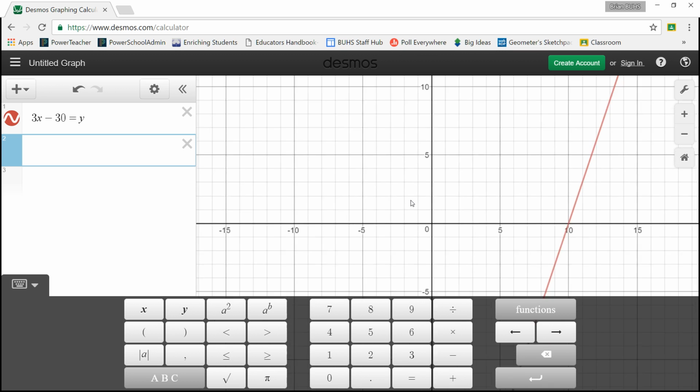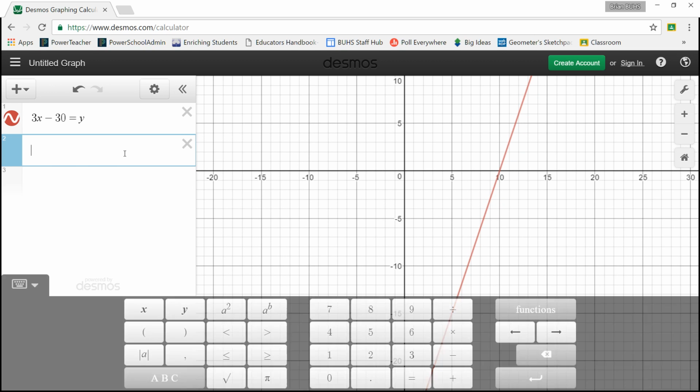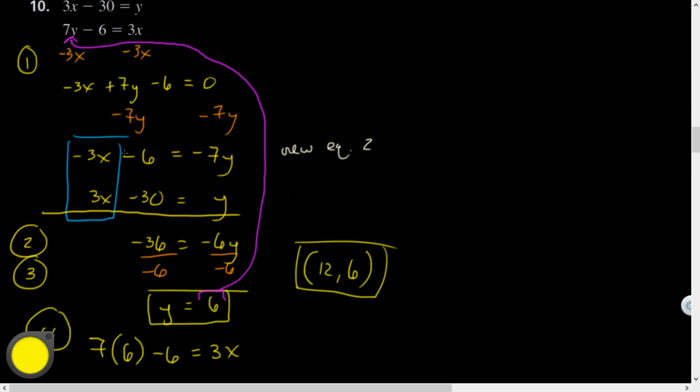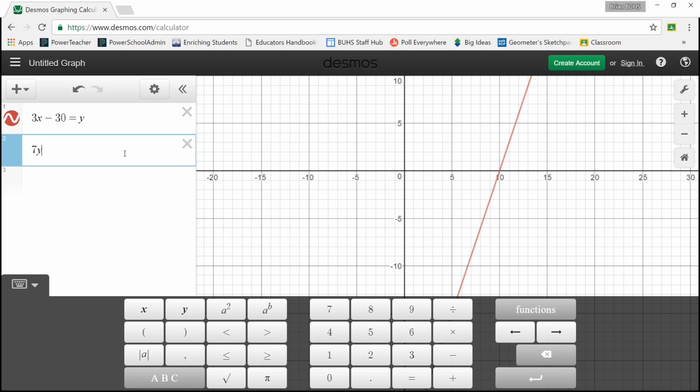There's one equation, it's hiding over there, but it's there. A lovely red line. And 7y minus 6 equals 3x. We see the intersection here is in fact at 12 comma 6.